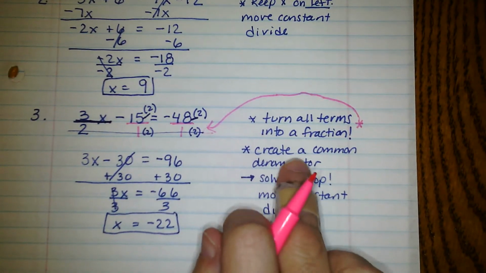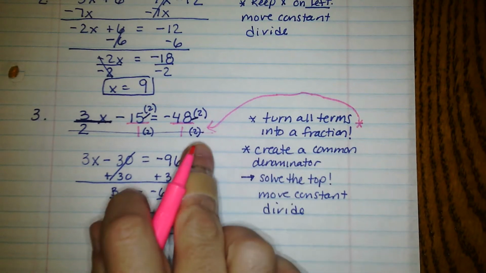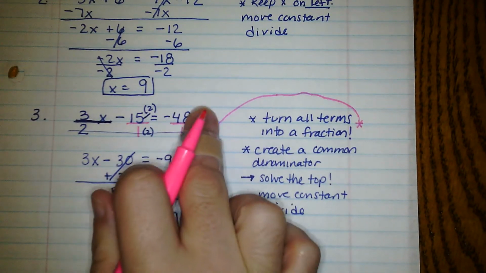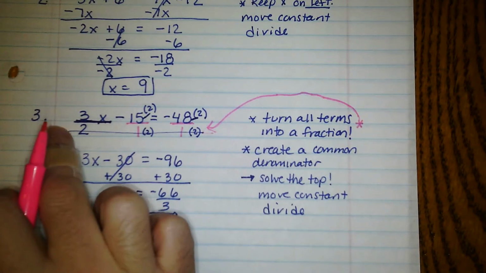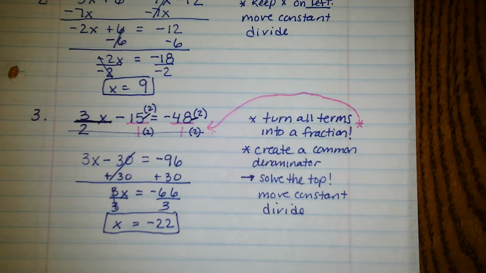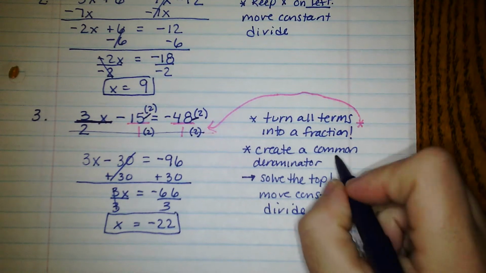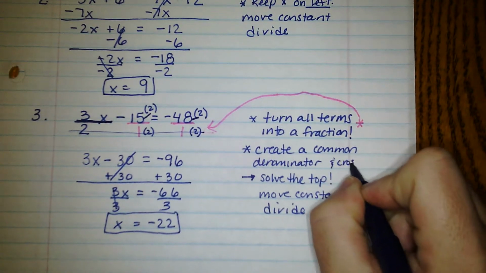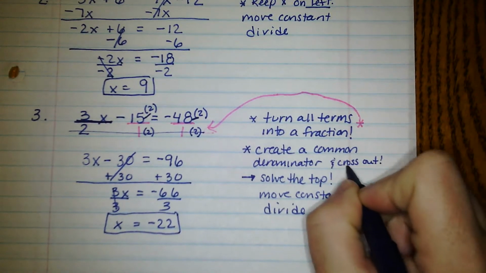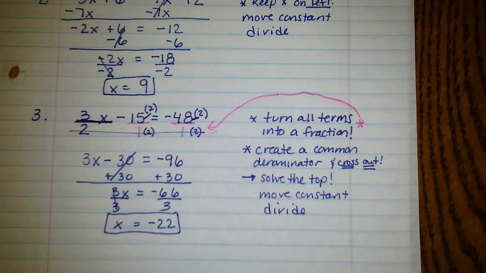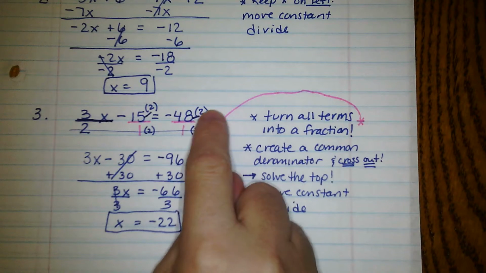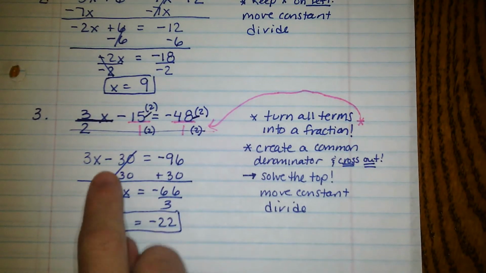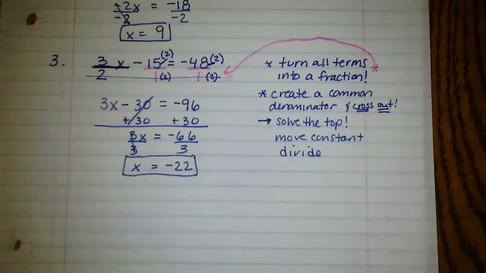And then when you create a common denominator, that means that we turn all the bottoms and tops differently to create a common denominator. Then you can cross it out and solve the top. Once you solve the top, don't forget that you're multiplying these two together to give us our new numbers, and then we just go ahead and solve.